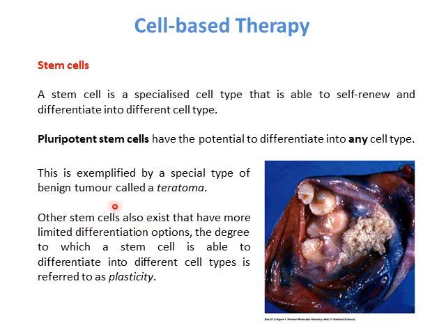As I mentioned earlier, there are other stem cells which also exist in addition to the pluripotent stem cells. However, these tend to have more limited differentiation options. For example, hemopoietic stem cells differentiate into blood cell types. Skin stem cells will differentiate into different cells which are found in the skin, and so on and so forth. Neuronal stem cells, different types of neuronal cell and tissue. It's only pluripotent stem cells which can differentiate into anything.